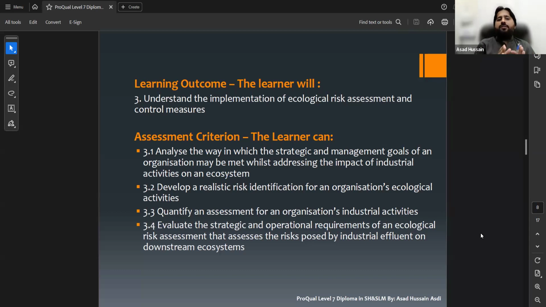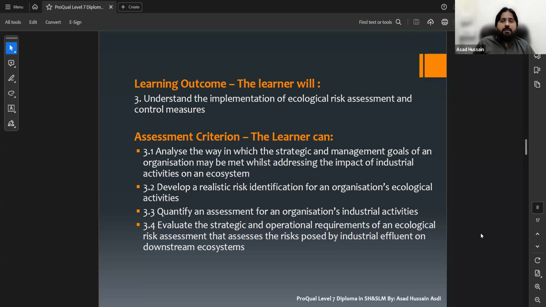strategic and management goals of an organization can address these issues, so that these industrial activities are not harmful to the ecosystem. So here you have to discuss that. With regard to this 3.1 assessment criteria, the type of evidence you can use confirms that you are working on EMS, environmental management systems, and you have integrated it.